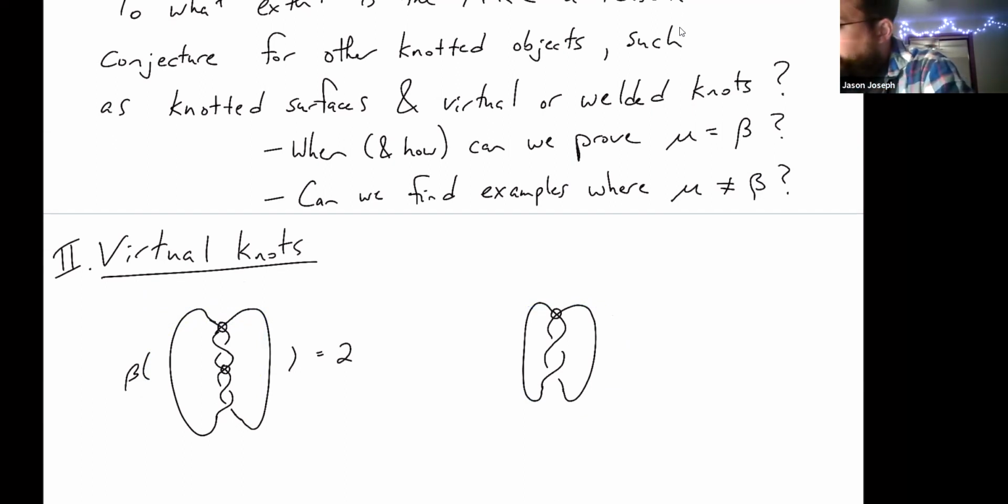However, notice that this one on the right has only one overpass.